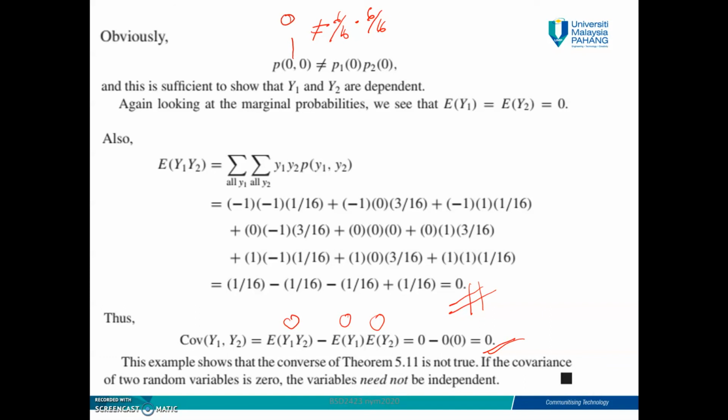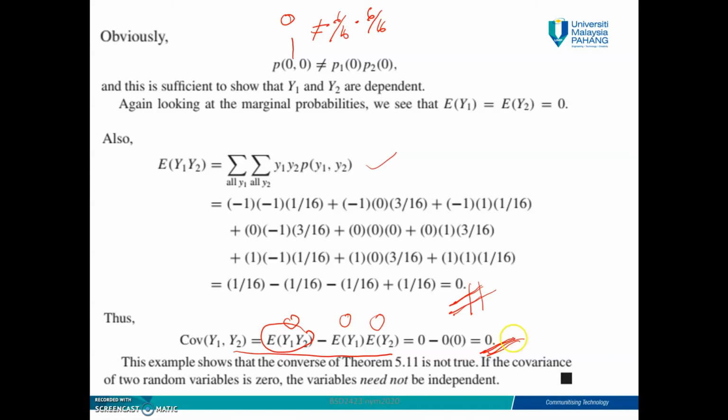Okay, so again, looking at the marginal probabilities, you can see that expected Y1 equals expected Y2, which is equal to 0. Okay, this one, if you want to find using the covariance formula, you can calculate this one. Okay, so if you calculate this one by using this formula, you will get 0. Okay, and then minus expected Y1 you get 0, expected Y2 you get 0, and covariance is equal to 0.